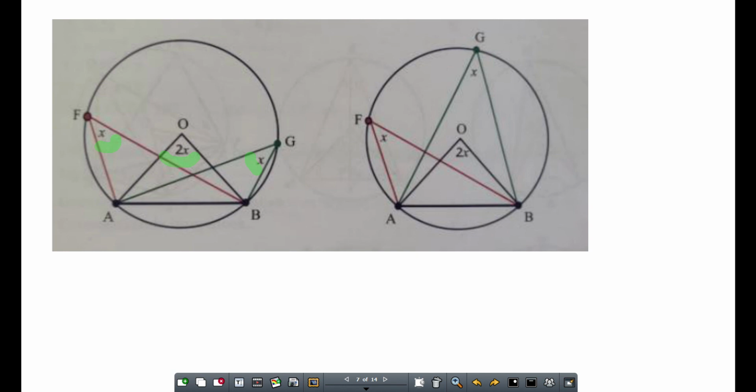Kyk gou hierso. Daai omtrekshoekies x en x. Sien jy dat albei van hulle word onderspan, met ander woorde hulle lê op dieselfde koord AB. Kyk gou weer.